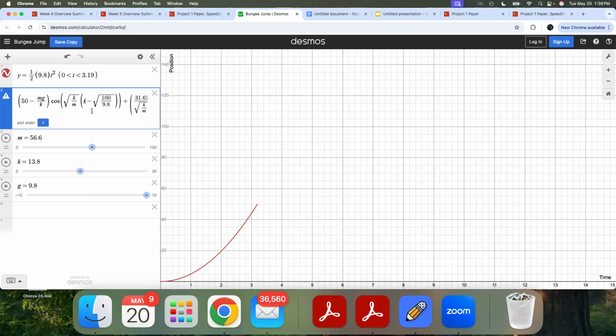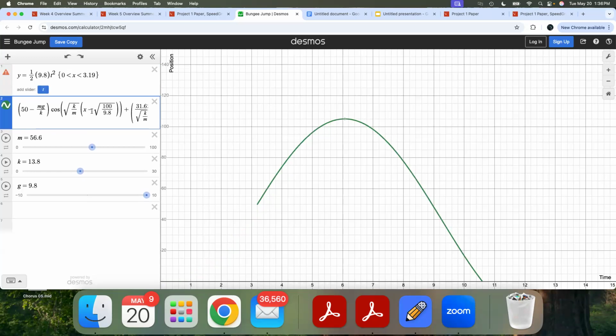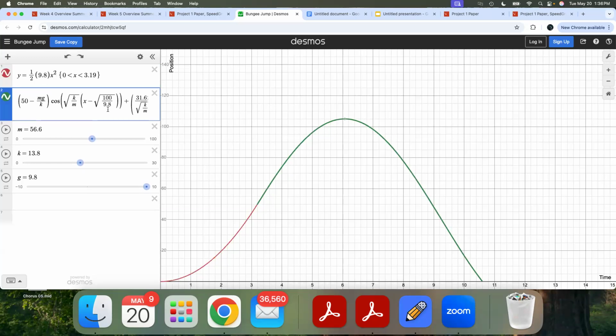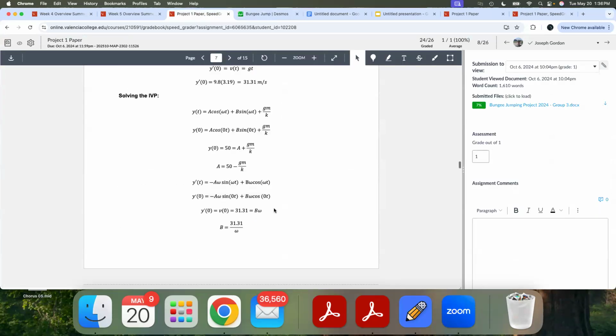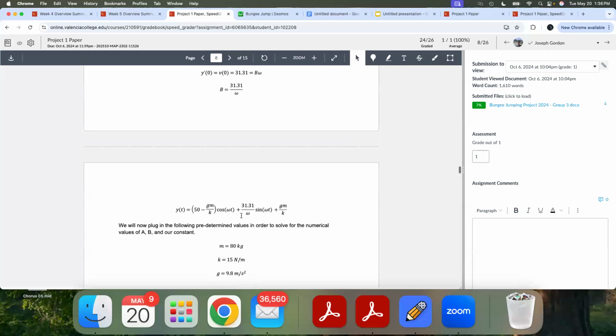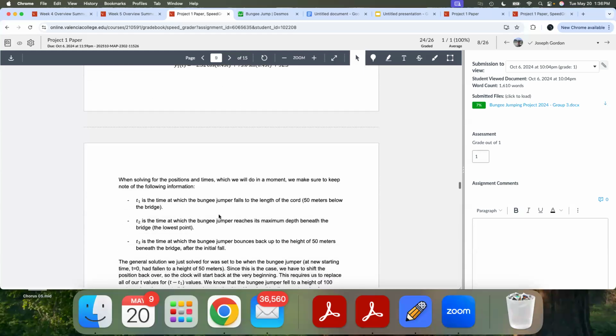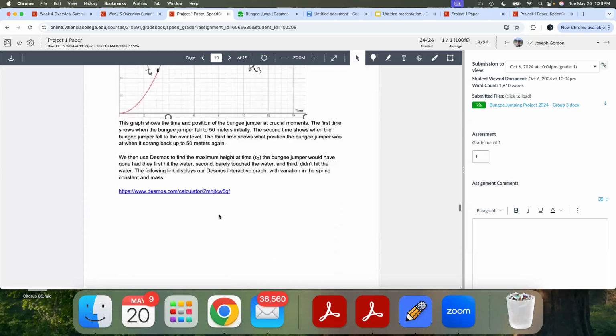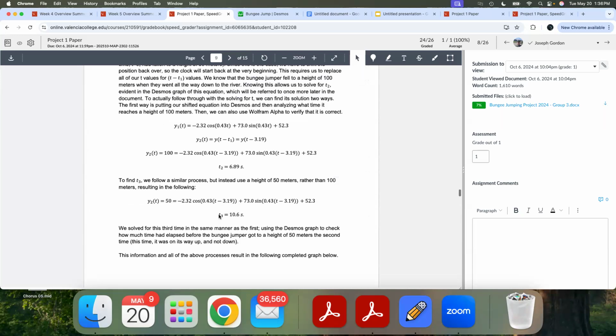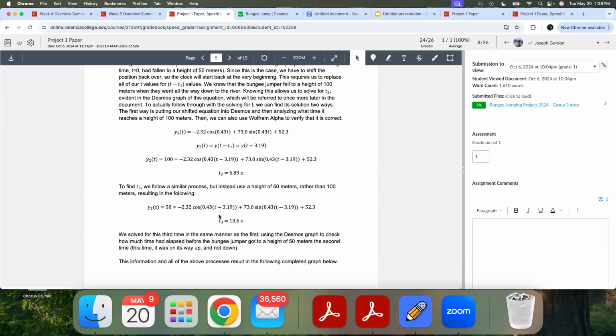They've done this shift and show you in their paper where that shift is. See, right there.